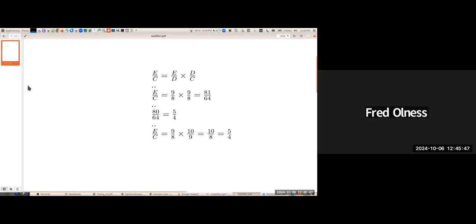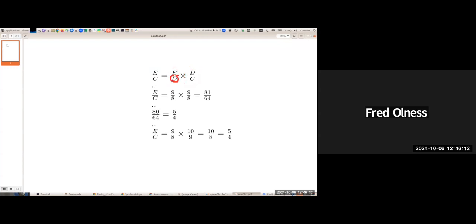So here are some example calculations, and this is the kind of thing I expect you to be able to do. For example, if I want the ratio of E to C, and I may not know it, but I know the ratio of E to D and D to C, I can think of this as fractions.